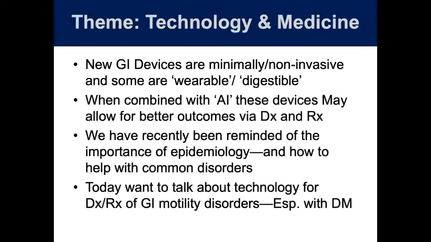Some of these are wearable, digestible, and with the advent of artificial intelligence, we may have better outcomes. Certainly the epidemiology of common disorders is important. But I want to talk about the technology in diagnosis and treatment of GI motility disorders, especially with diabetes, today.